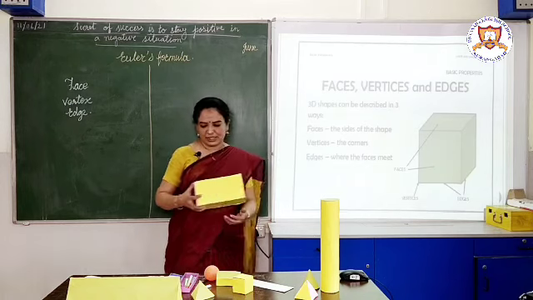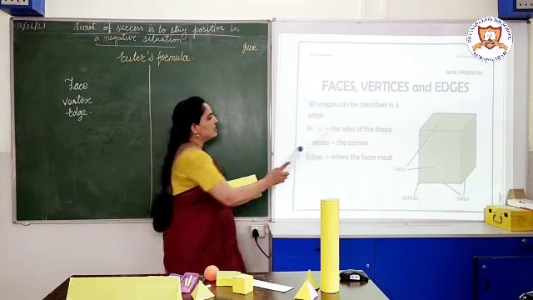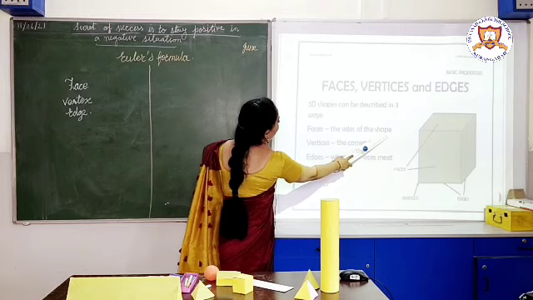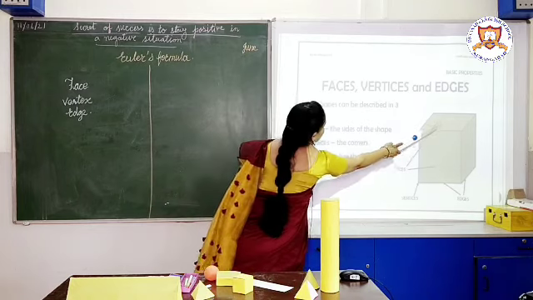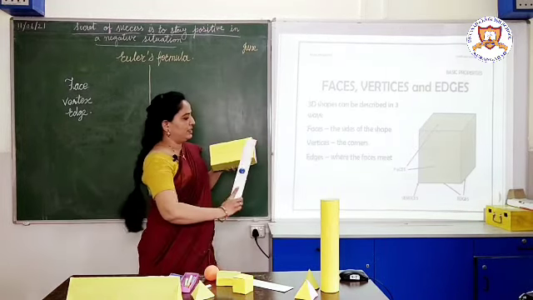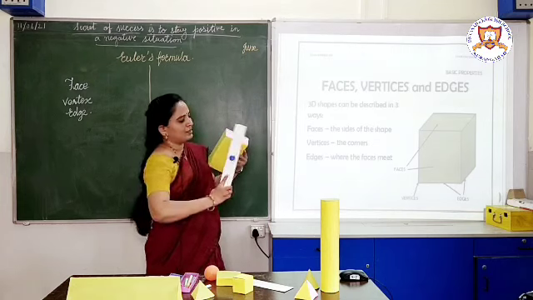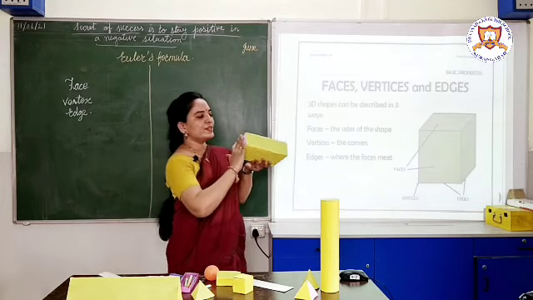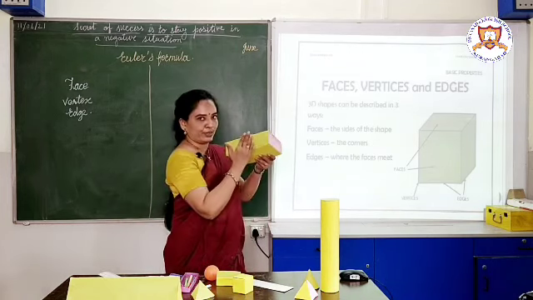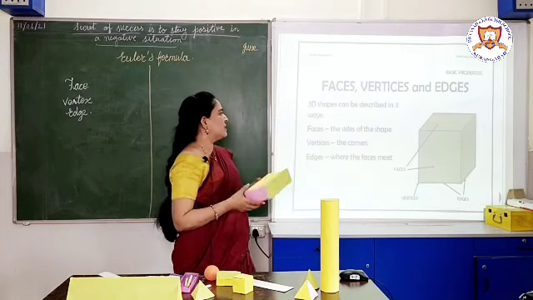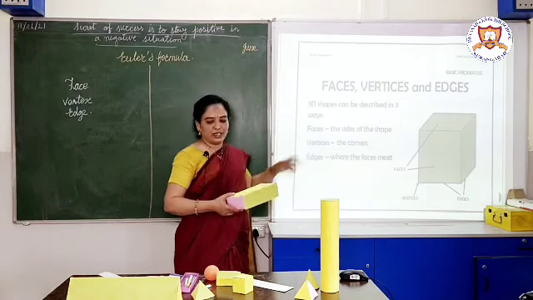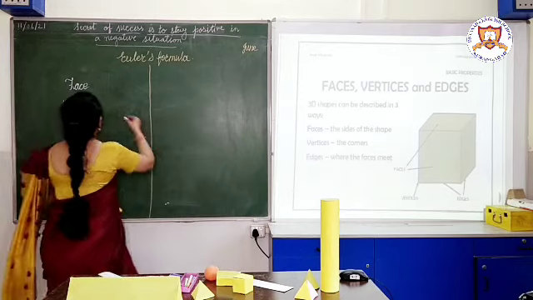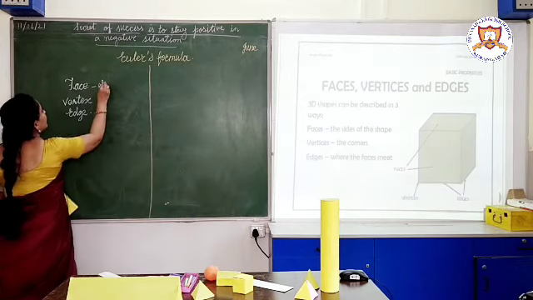So see, face. Face means what? The side of the shape, the surface which we can see. This surface of any shape is called a face.